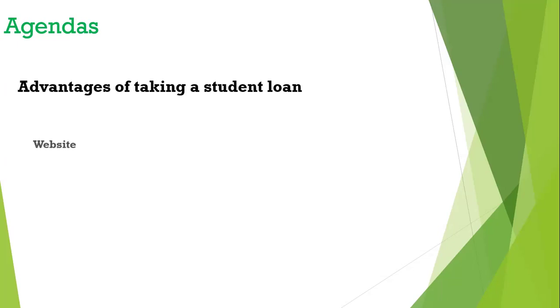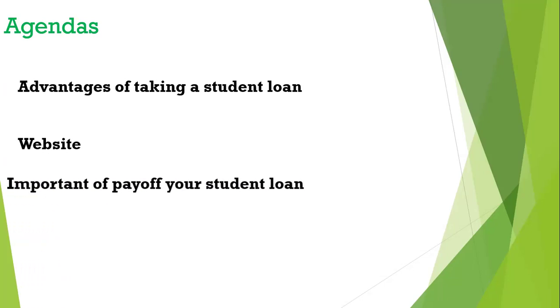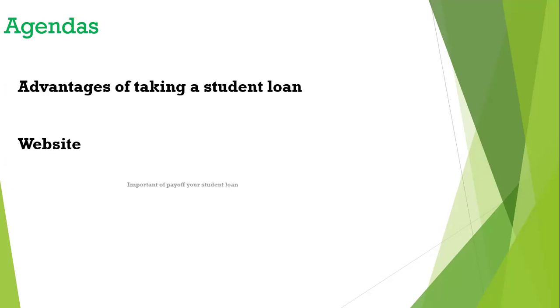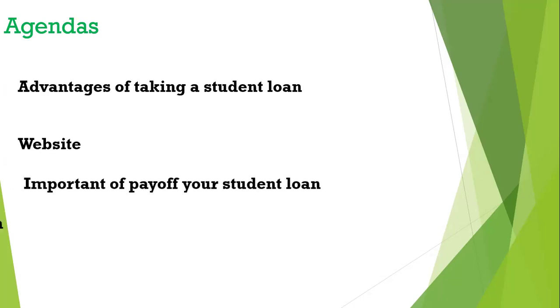The advantages of taking a student loan, the website and how you log into it, and also the importance of paying off your student loan. Is there any benefit it gives you once you pay on time? And if you don't pay it on time, how does it really affect your financial standing? So we are going to look at those, and we have more on the agenda.